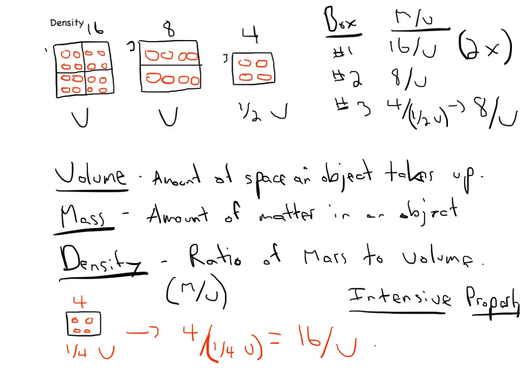Color would be another intensive property, right? One piece of copper, if it's bigger or smaller, has the same color as the smaller or bigger piece did. Density is the same. If you cut an object into pieces, each piece has the same density as the bigger piece that came from it.